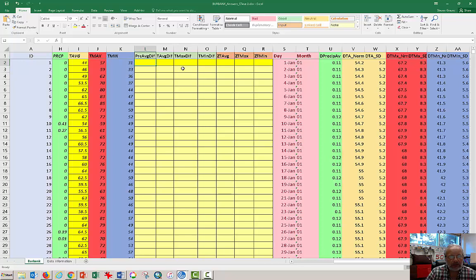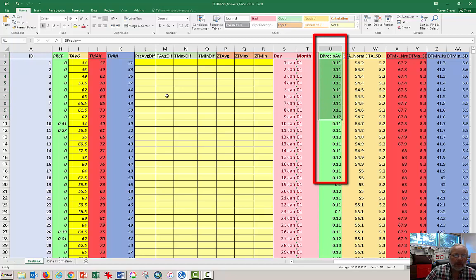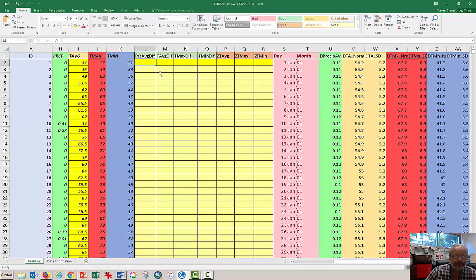And the daily precipitation average, which is over here in this light green column, those are really an estimate of what it should rain on that day given a 30-year average.